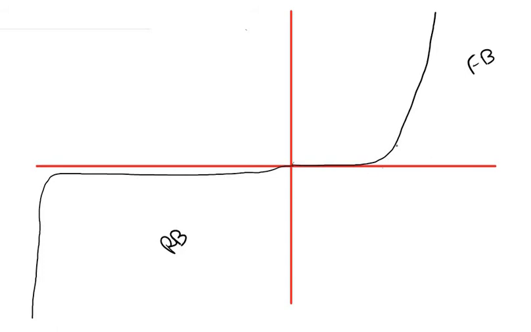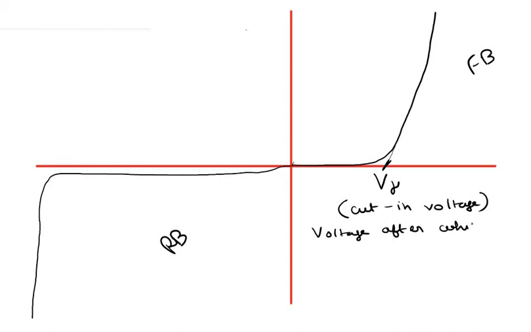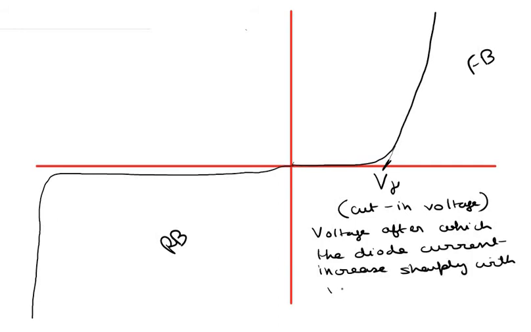Generally, the diode current in forward bias increases sharply after a cut-in voltage, which we call V gamma. So V gamma is generally known as the cut-in voltage, and this is the voltage after which the diode current increases sharply with voltage in forward bias.